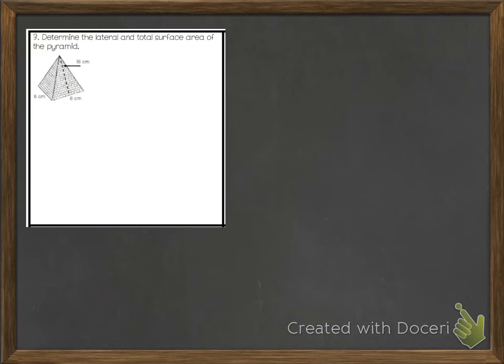Okay, so number 3 is the lateral and total surface area of a pyramid. If you look at this, it has a square base. The reason I know it's a square base is because this side is 6 centimeters and this side is 6 centimeters. So your base is a square, which is 6 by 6.